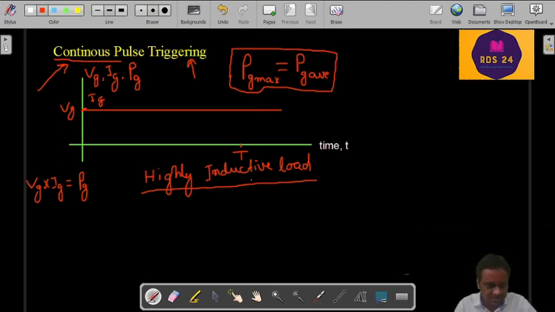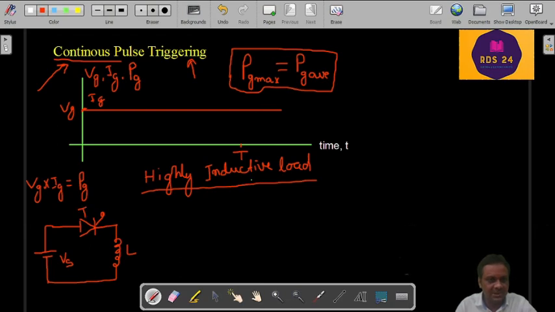This can be explained by using a simple circuit. If this is your thyristor and this is the supply inductor and this is your source, this is your Vs, this is your inductor L, this is your thyristor T. When you apply the gate pulse, at steady state it behaves like a closed switch.